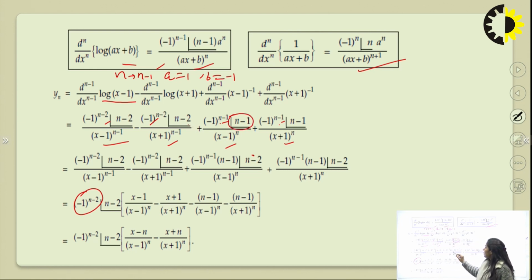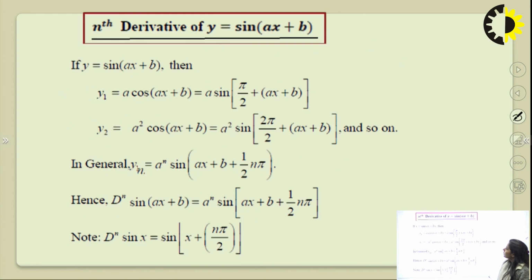We know that factorial n minus 1 is equal to n minus 1 into factorial n minus 2. Now we will take common factorial n minus 2 and these remaining terms. So this is the nth derivative of the given function.